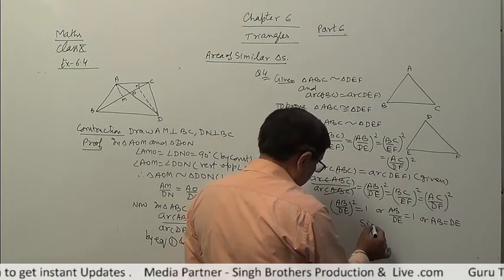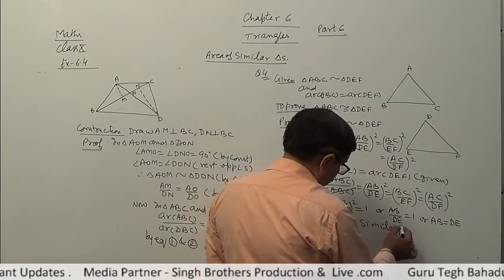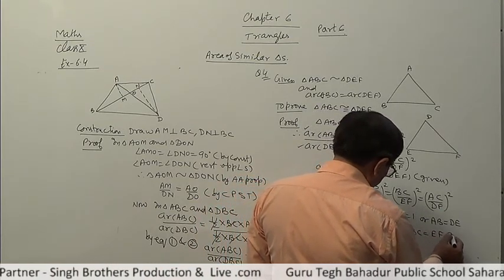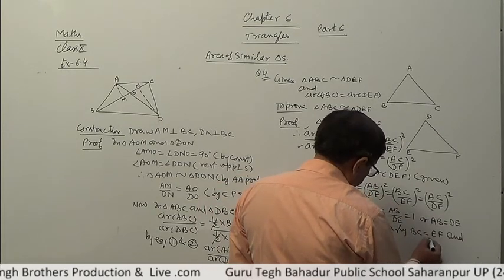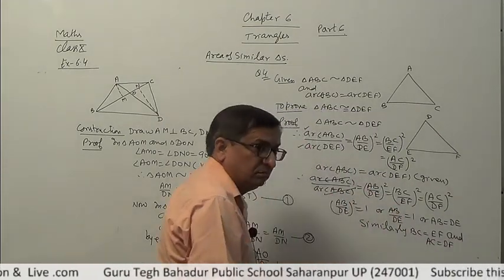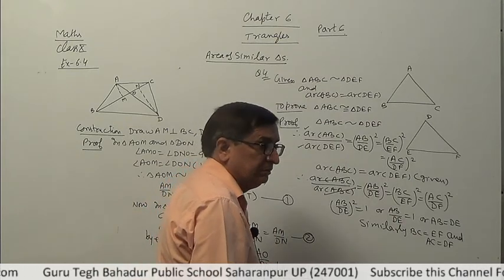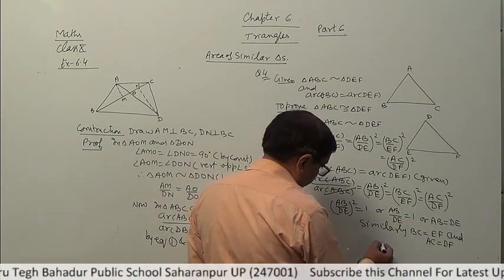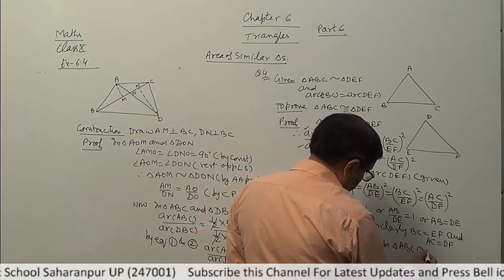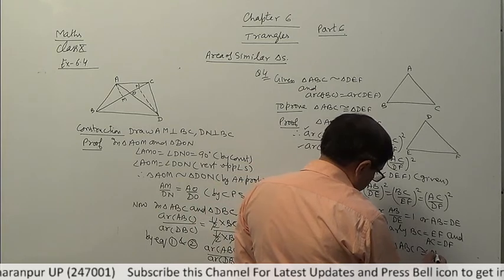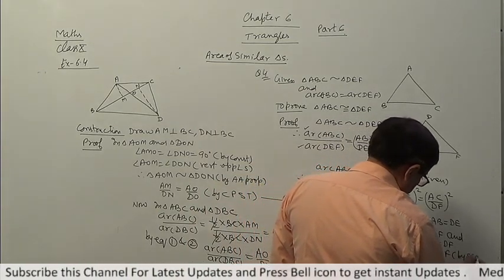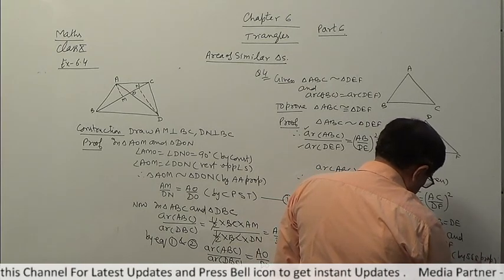Similarly, BC is equal to EF and AC is equal to DF. So, triangle ABC is congruent to triangle DEF by SSS property, hence proved.